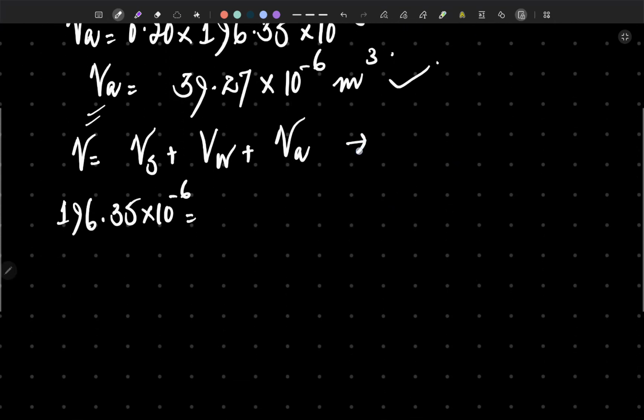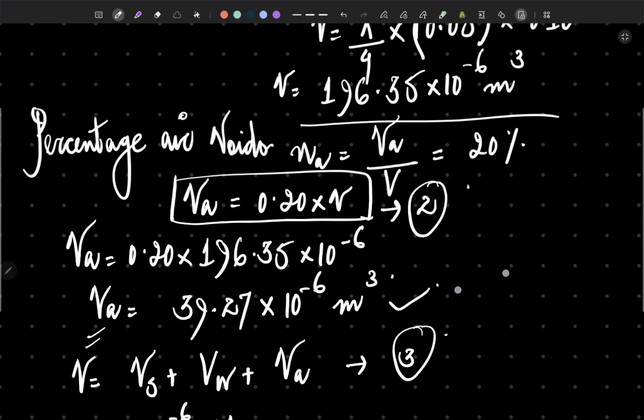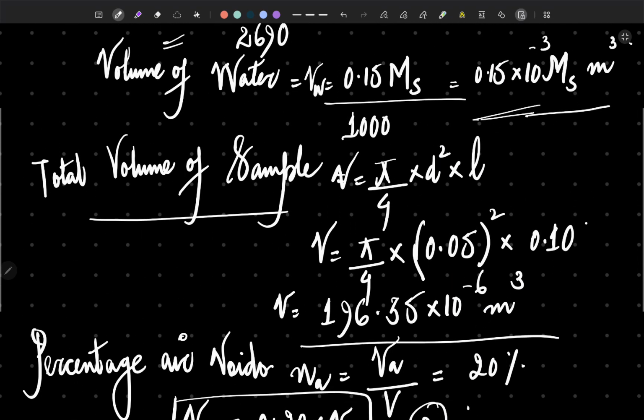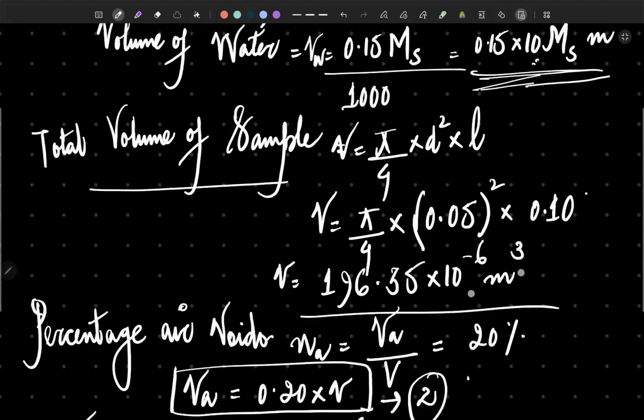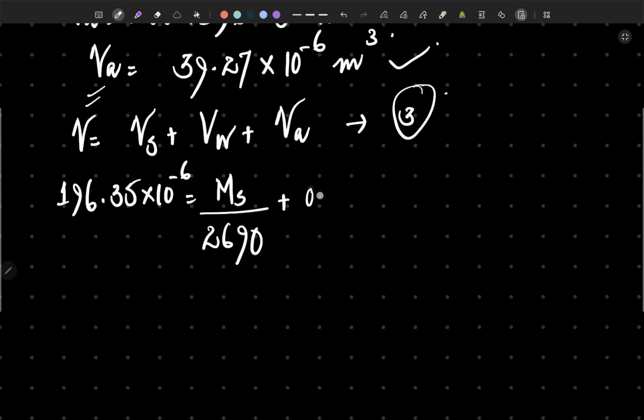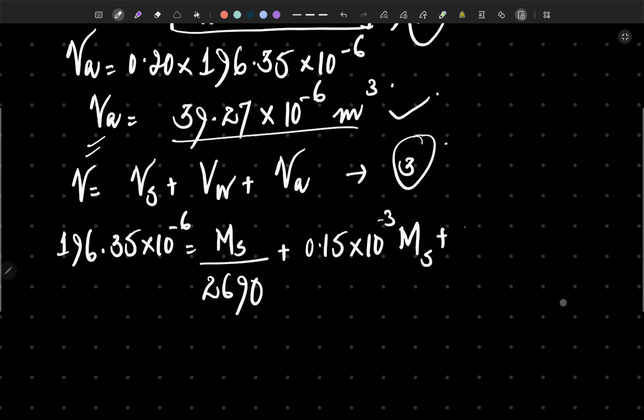Substitute the same value in equation 3: ms divided by 2690. Then comes the volume of water, 0.15 into 10 raised power minus 3 ms. Then volume of air, which is 39.27 into 10 raised power minus 6.